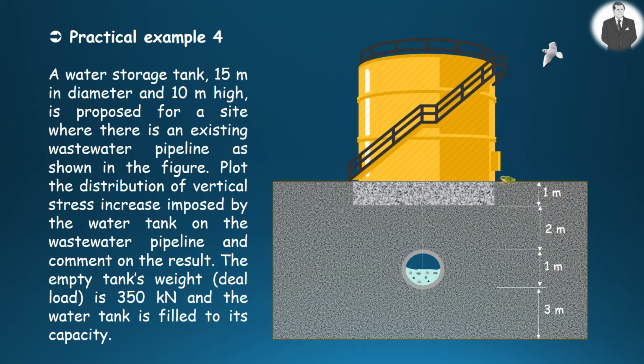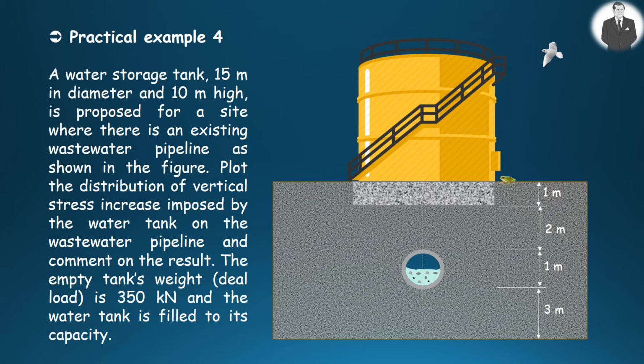Here is an example for the case of a uniformly loaded circular area. A water storage tank, 15 meters in diameter and 10 meters in height, is recommended for a site where there is an existing wastewater pipeline, as shown in the figure.